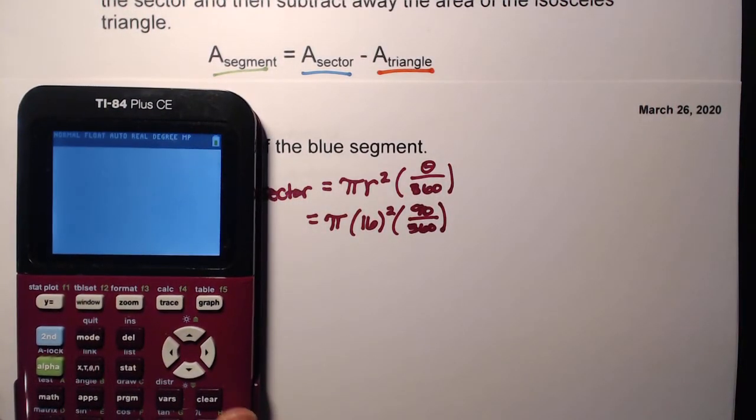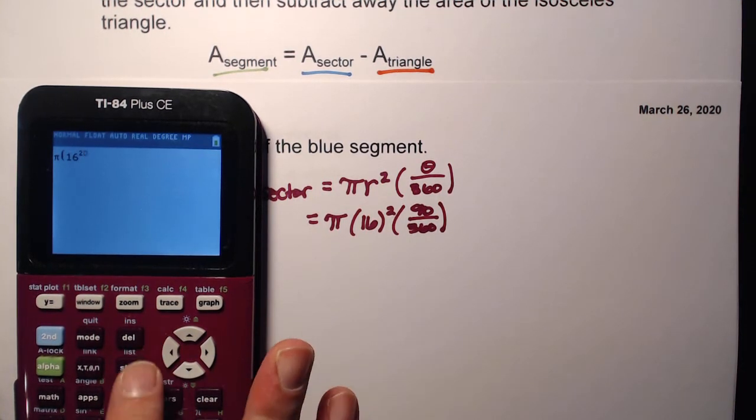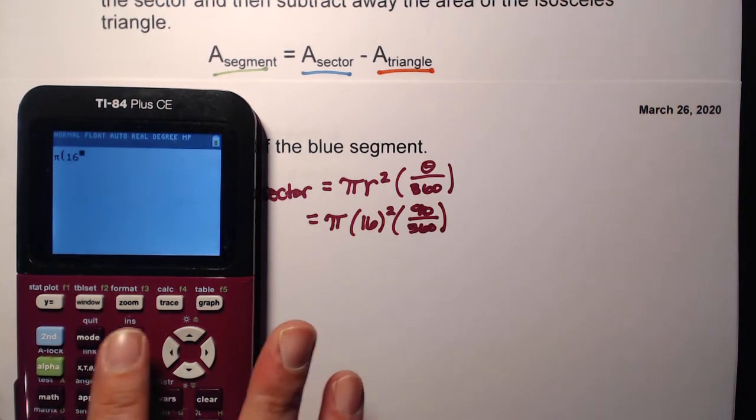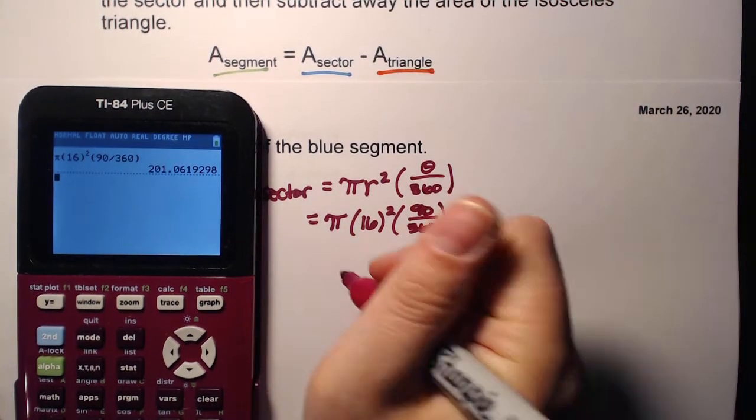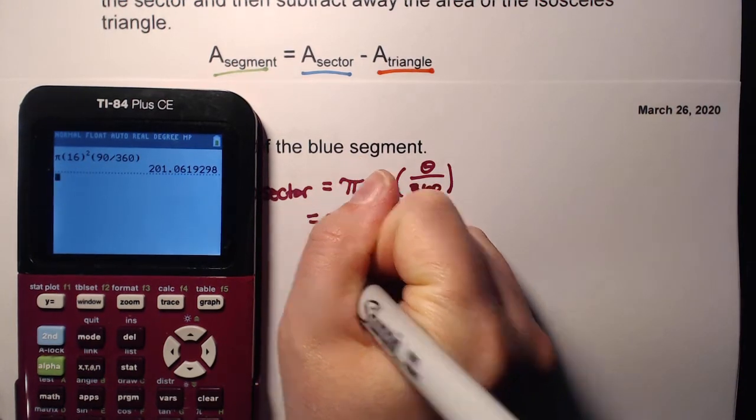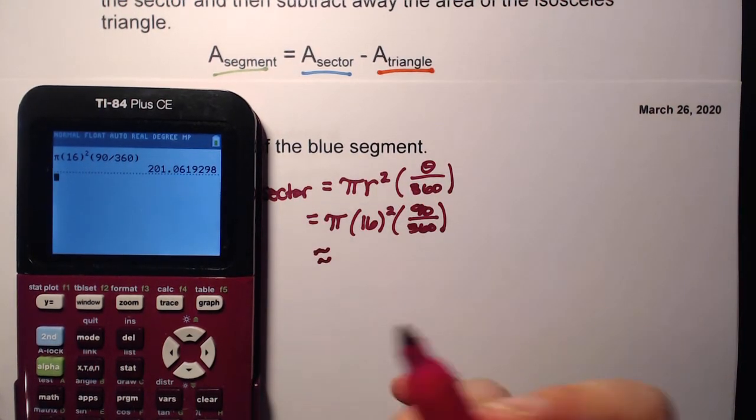So I'm going to do pi times 16 squared times 90 divided by 360. Now I'm not going to be able to put that into a fraction because I multiplied the pi in there, and I did that because this isn't going to be my final answer.